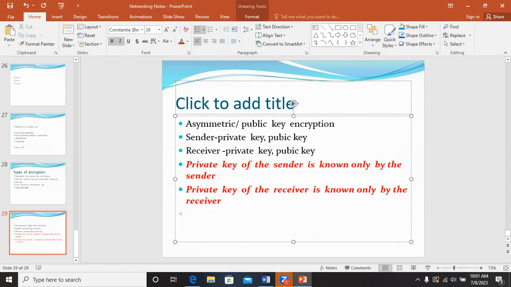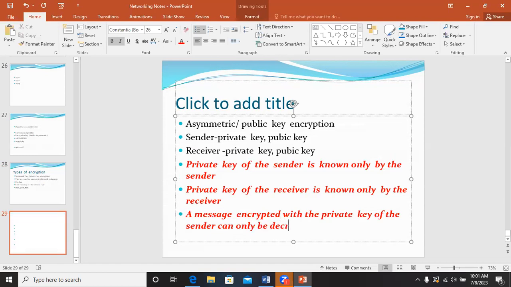Okay. Then a message encrypted with the private key of the sender can only be decrypted with the public key of the sender and vice versa.